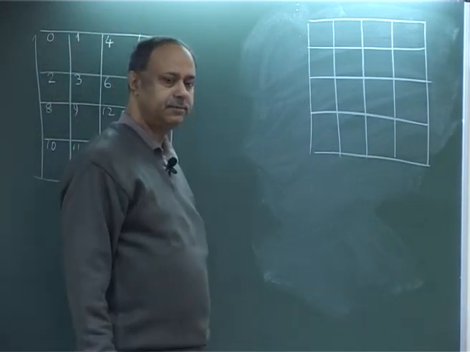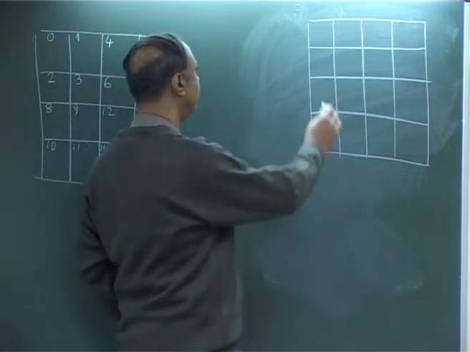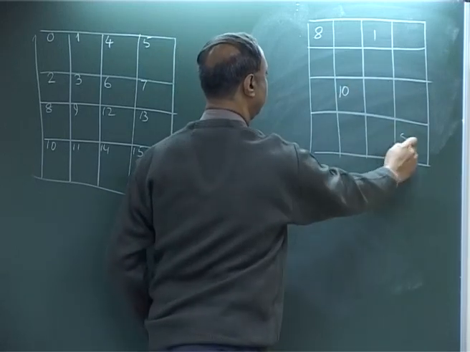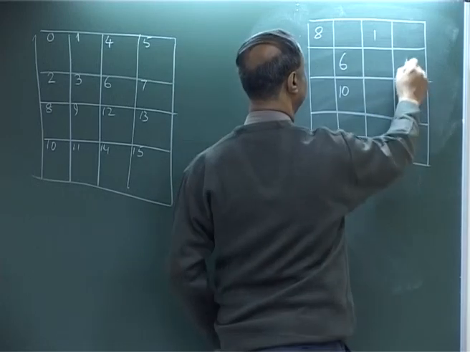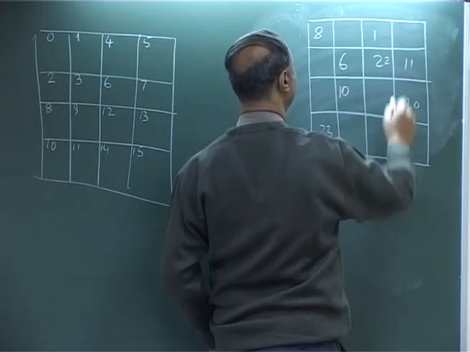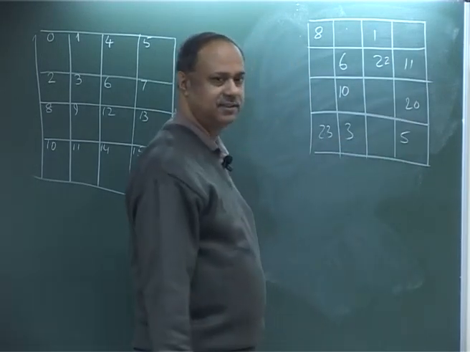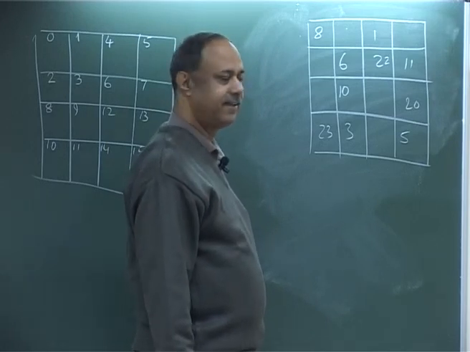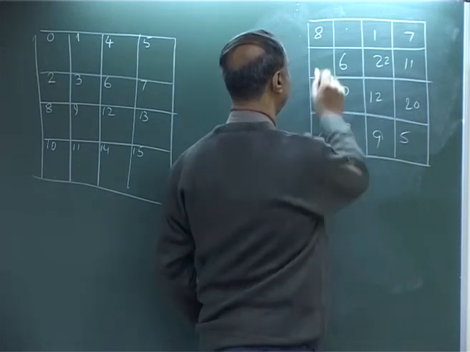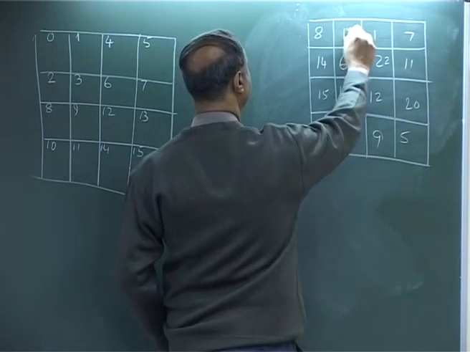Tell me 16 random numbers. Tell the first number: 8, then 10, 1, 5, 6, 11, 20, 23, 22, 3, 7, 9, 12, 14, 15, 7.